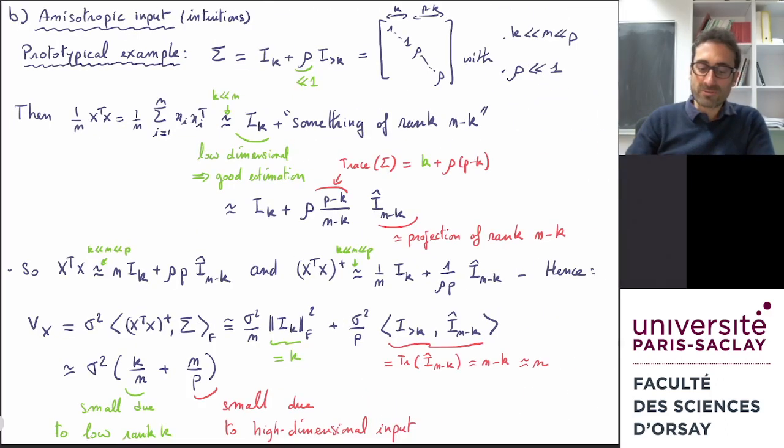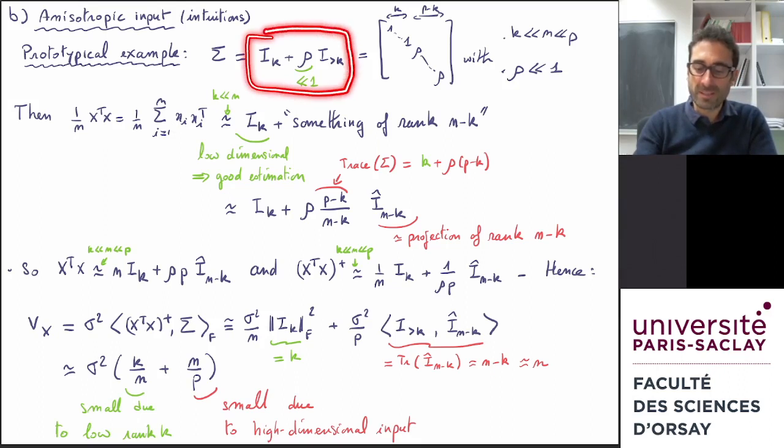All right, so now let us move to a bit more complex case where we will be anisotropic, and we will consider what we usually call the spike model, where sigma can be decomposed as a sum of two terms. On the first part, I will have the identity on a small subspace of dimension k, and 0 everywhere else. And then, on the orthogonal, I will have the identity but multiplied by some rho which is very small.